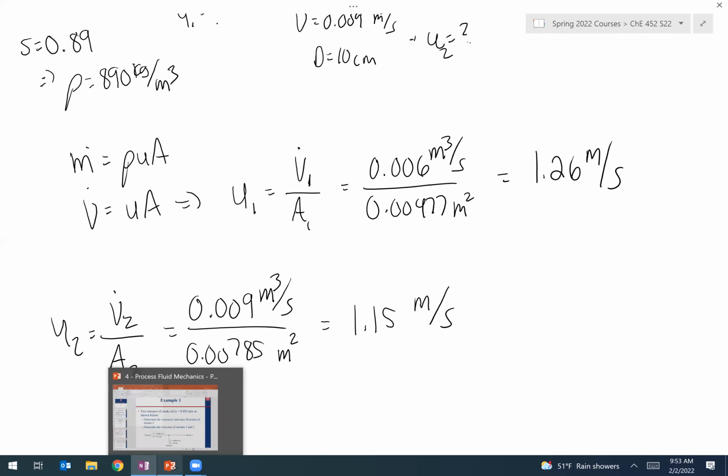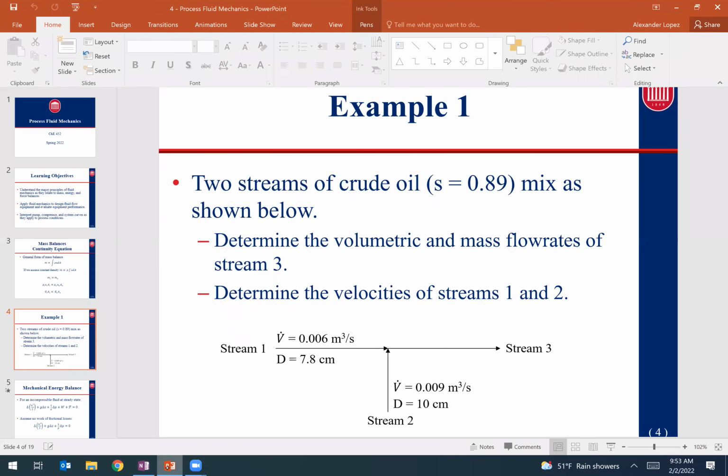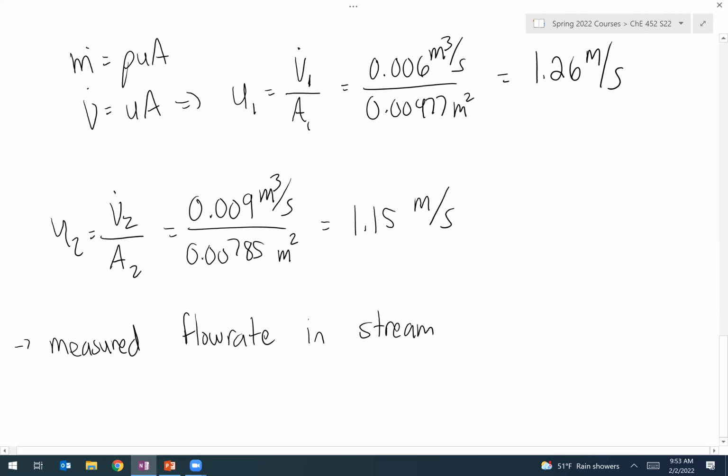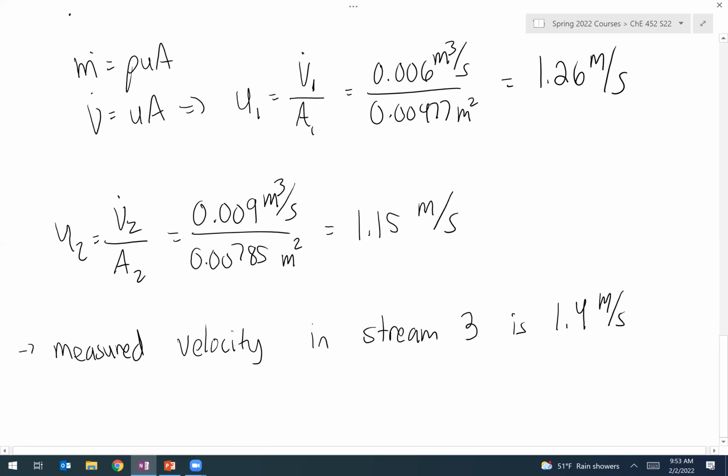Now, from the problem, you really can't determine the velocity of stream 3 because we don't know the diameter. But if I wanted to be fun, I could say that the measured velocity in stream 3 is 1.4 meters per second.